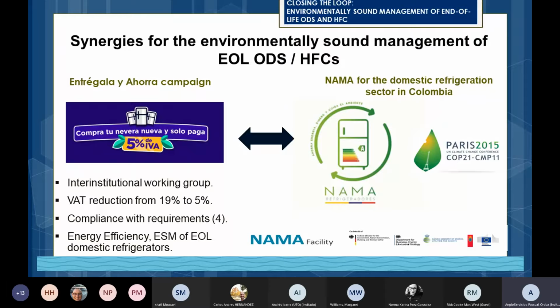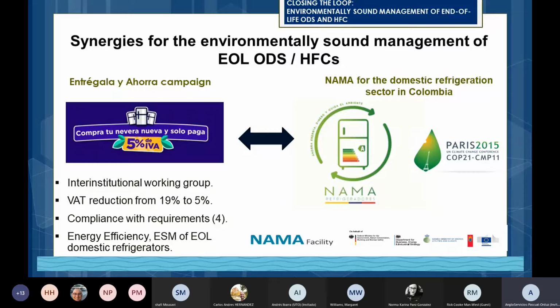We call them SEL, social economic level. So families with low SEL, everyone has to pay VAT. But when there are certain requirements, the users can enjoy an advantage in the reduction of the VAT.